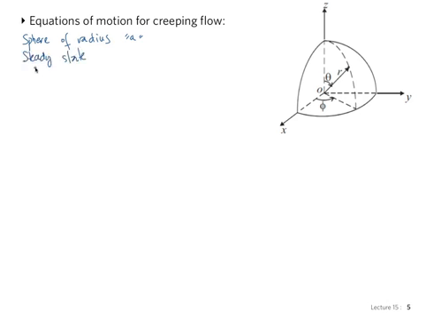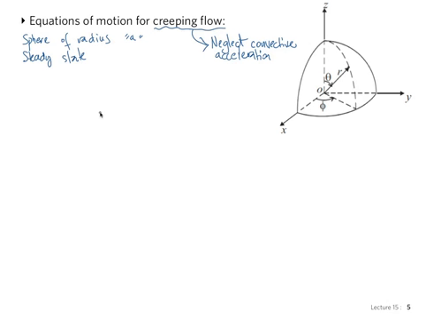And also, because it's creeping flow, we neglect the convective term, the convective acceleration, as I was explaining to Nathan a moment ago. We can neglect this nonlinear term because the velocity is very small. Basically, the inertial term is very small.